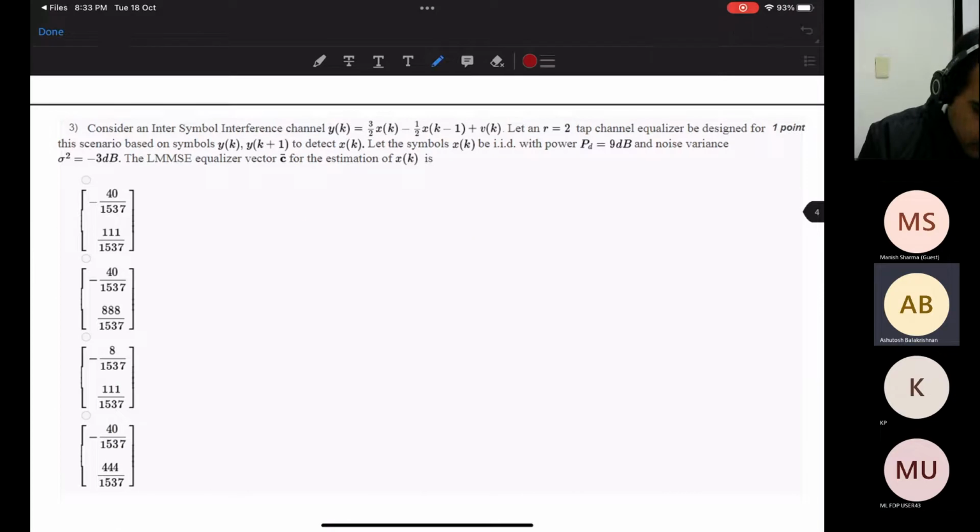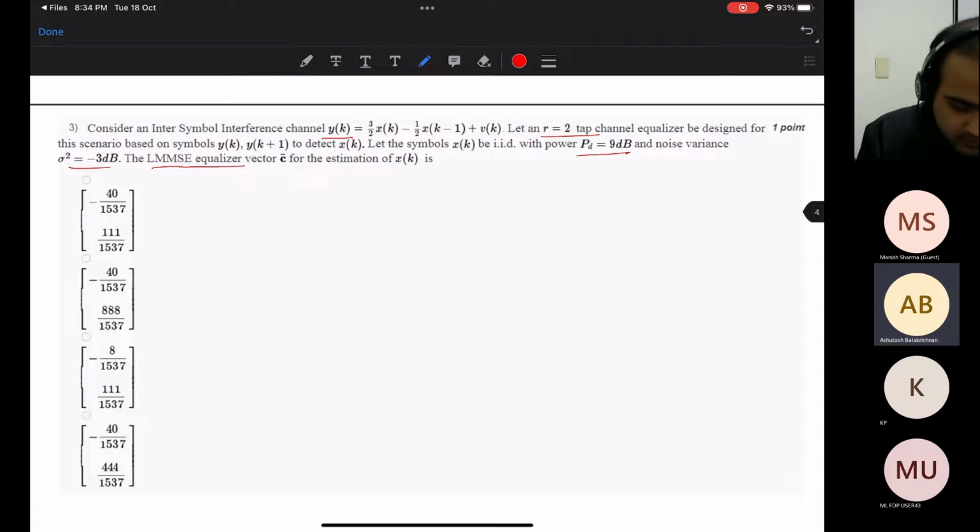Next question, which is a build up to the previous question. Again yk is given, it is a 2-tap channel equalizer, PD is given as 9 dB, and sigma square is minus 3 dB. We need to find the LMMSE equalizer C for the estimation.